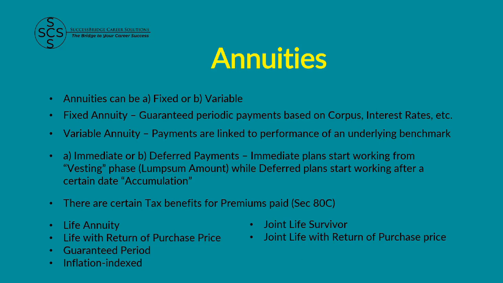I don't want to go into too much detail. Suffice it to say that there are many different types of annuities, and constantly new types are being created by different insurance companies. So this is a general overview of annuities.